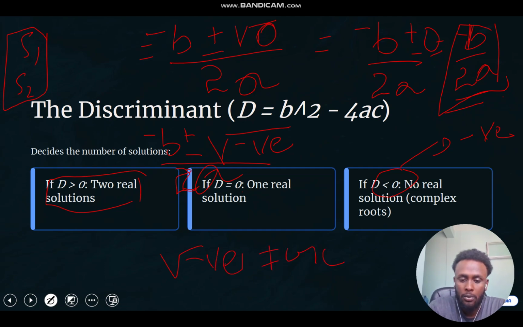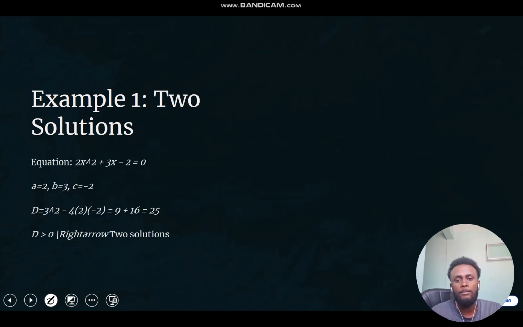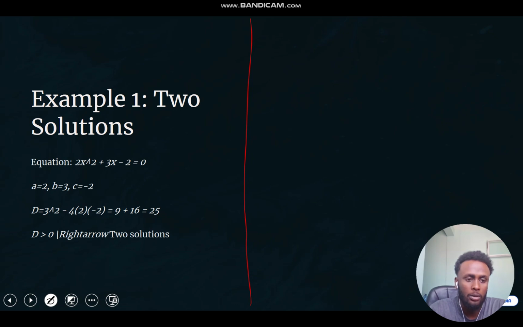It is a complex number. So we have 0 real solutions in this case. So we have seen how to determine the number of solutions in each quadratic equation. Finally, we are going to see how we can find those solutions.